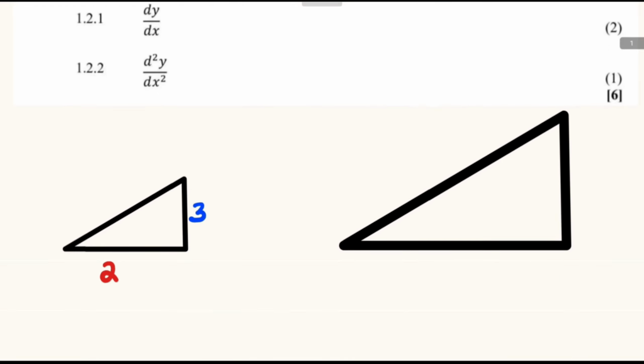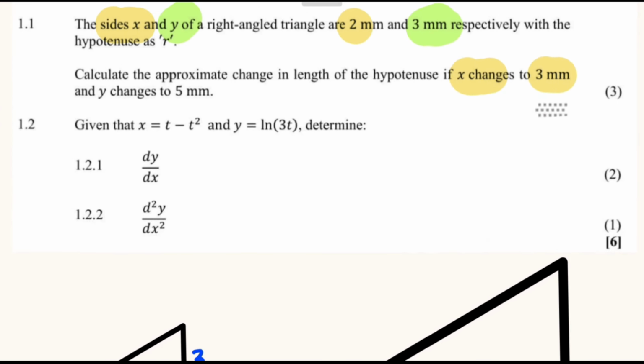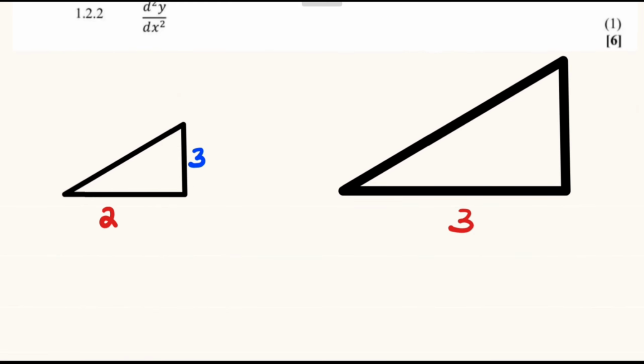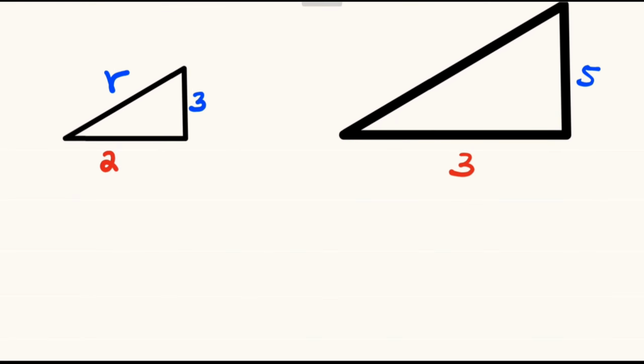So our x changes from 2 millimeters to 3 millimeters, while our y changes to 5 millimeters. It moves from being length 3 to length 5 millimeters. Our original hypotenuse was r, so let's calculate the change in y.